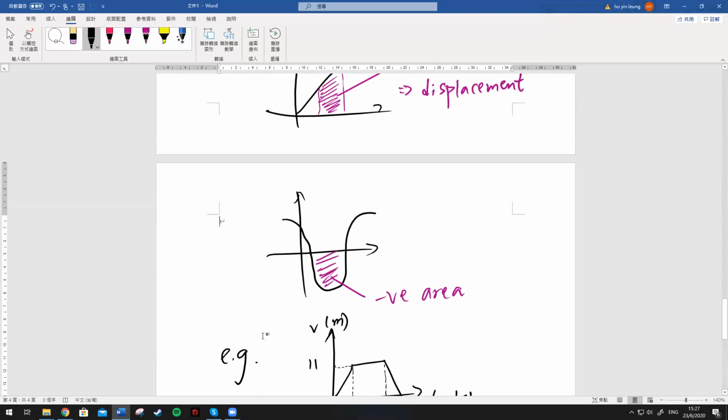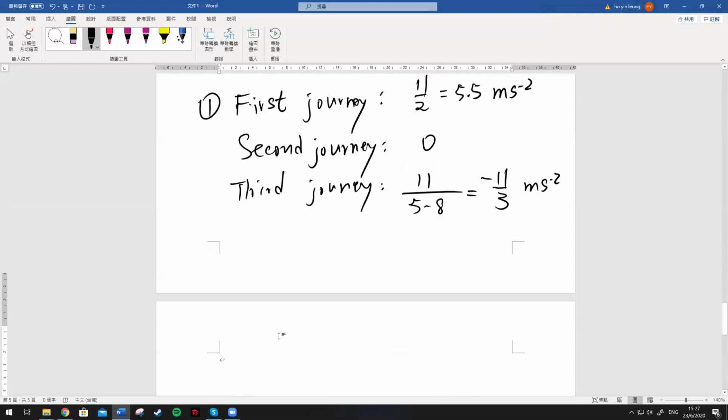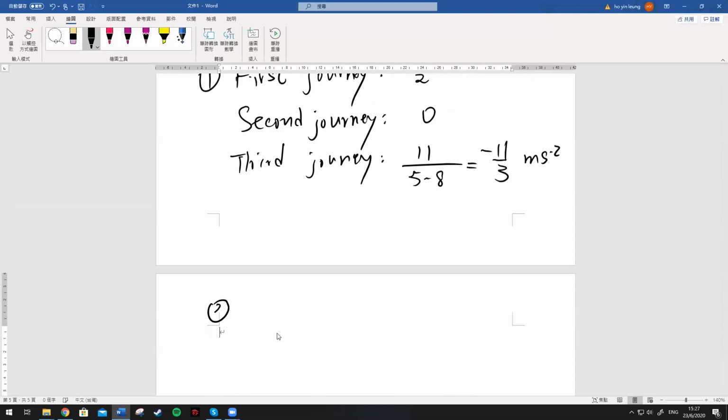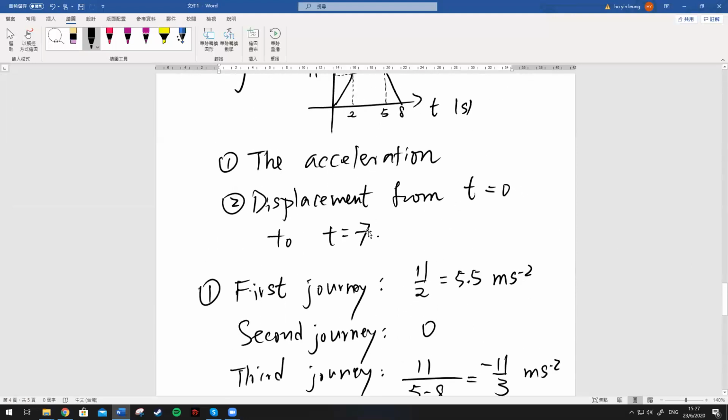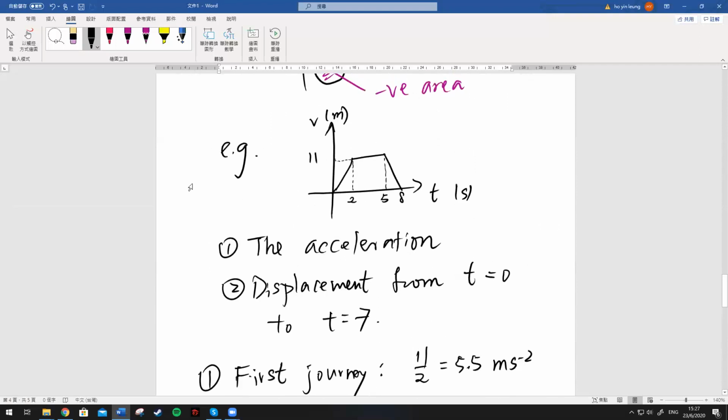For the second one, displacement: here it is from time 0 to time 7, so it is not exactly finding the whole trapezium. It's just finding all this area up to here, which is 7.